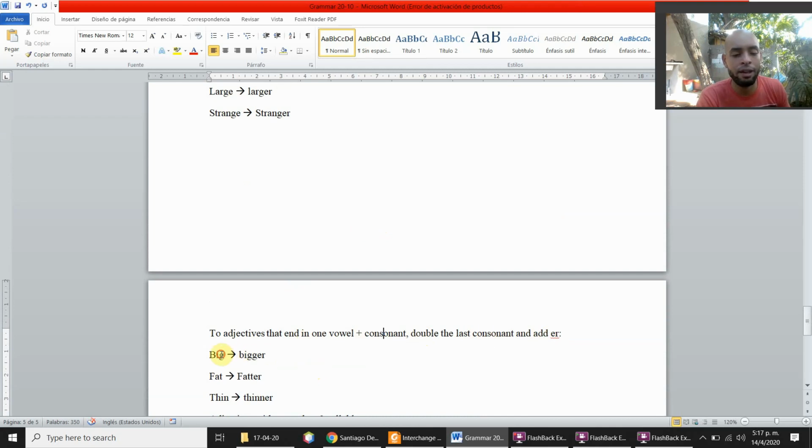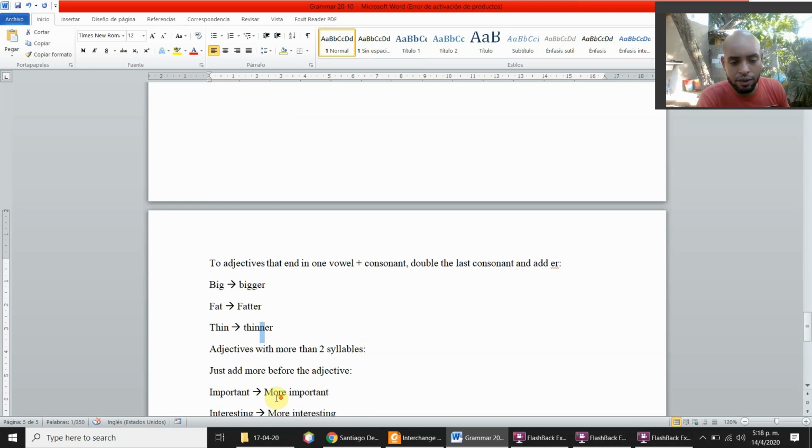For example, big ends in one vowel, the I in this case, and G. So you double the last consonant, G, big, bigger, and add ER. Fat, fatter, again, double the last consonant and add ER. Thin, thinner, you duplicate the consonant and add ER.